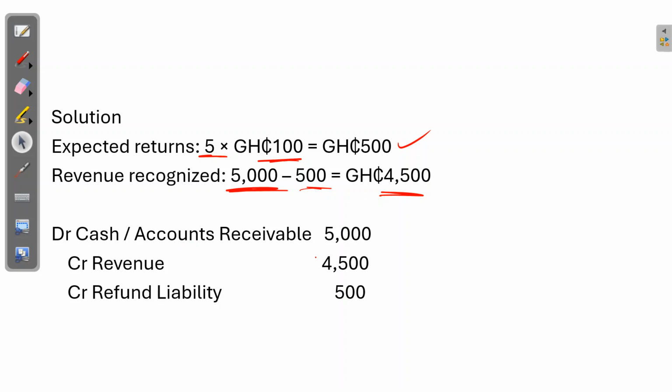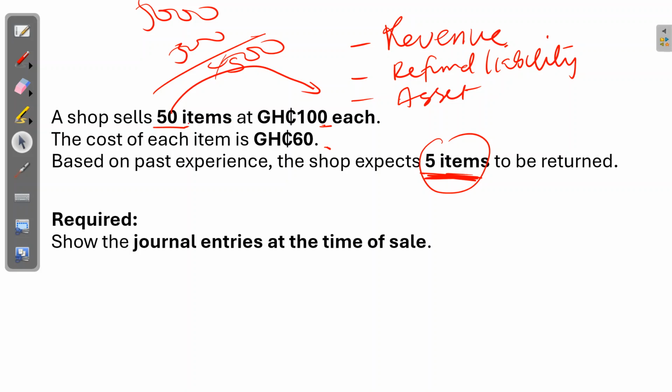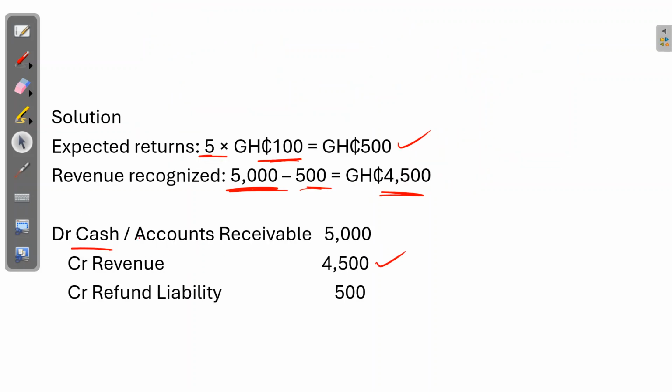So we are going to recognize revenue of 4,500. Then we have to recognize cash, assuming the customer is paying. The customer will pay for the full 50 items, so we debit cash of 5,000. Or if they have not paid, then it becomes a receivable.